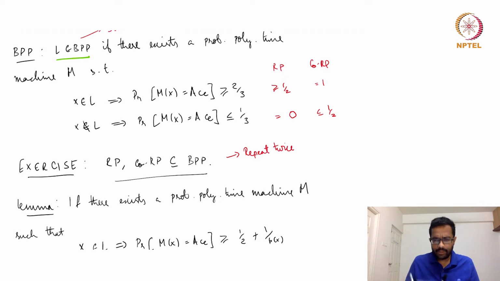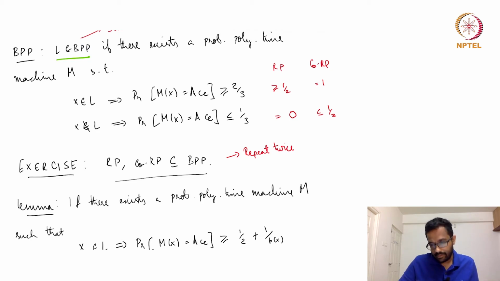So again, repeat twice, and when one of the trials accepts and one rejects, then we know that there is a possibility of false negatives, so we say accept, because whenever it says accept, we know for sure it is correct, in the case of RP. In the case of co-RP, the decision is the opposite. You accept only when all of them accept, because there are false positives.